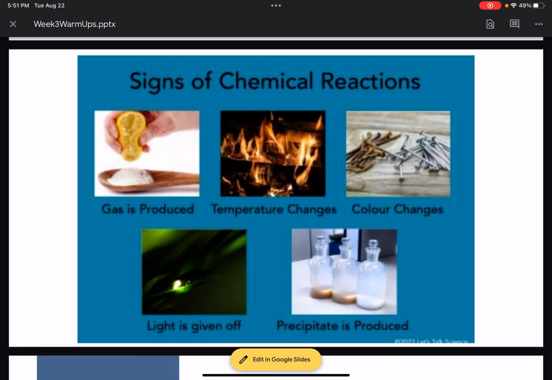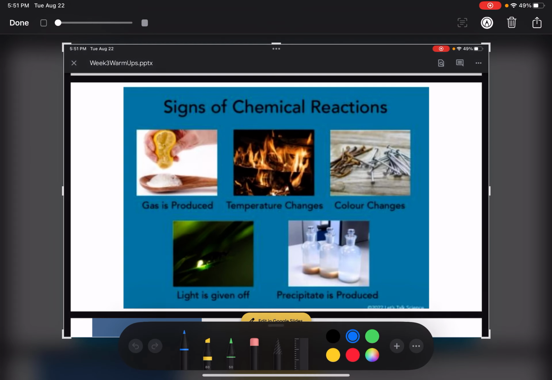Like, once you go through this reaction with the lemon and baking soda, you can't go back to having that baking soda be perfect anymore. It's already reacted. I don't want to get too far into this, but it forms a type of salt. So once you react baking soda with lemon, this is no longer baking soda anymore. It's something else. It changes. So that is the base of what we're talking about here.